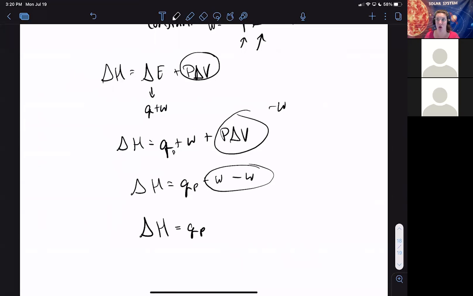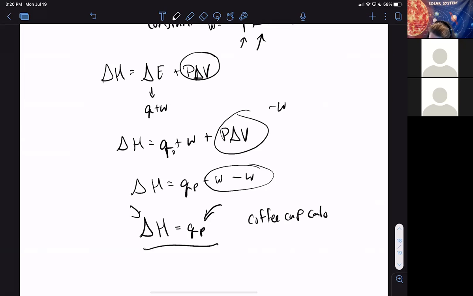Because in this case, the only thing that has work in it is that expansion of that gas. So as long as we have a constant pressure system, our heat will equal our enthalpy. And we see this when we think about calorimetry. So if we look at a coffee cup calorimeter, or coffee cup calorimetry, we are solving for Q, right?